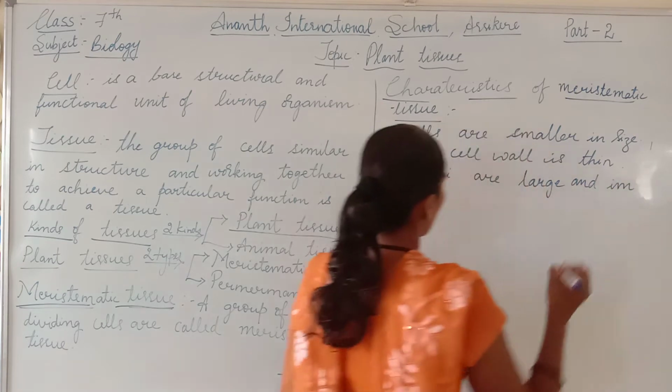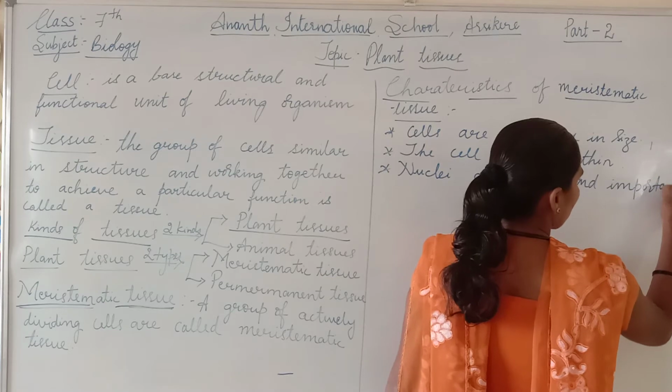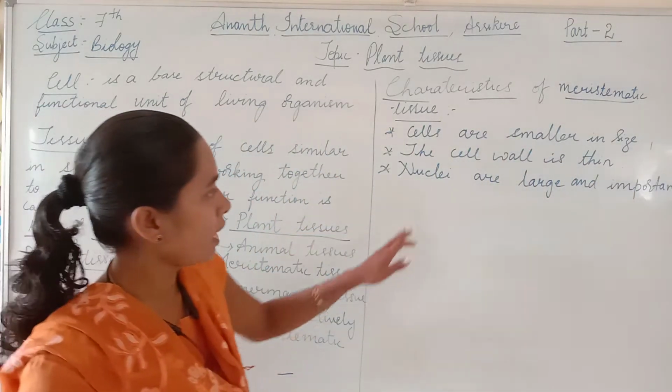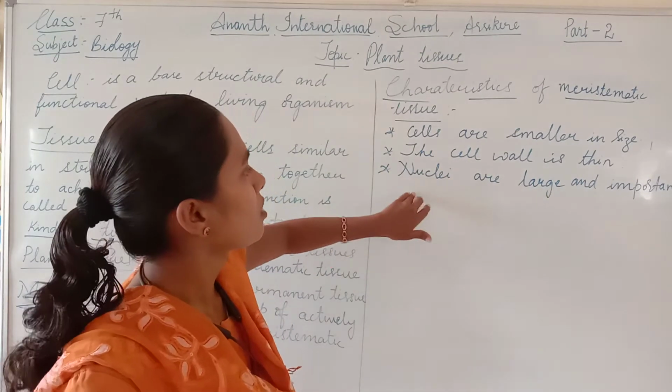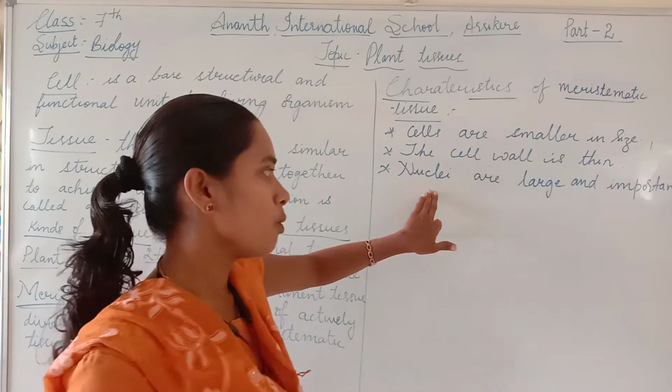So what is the role of nuclei in the meristematic tissue? The key role of the nucleus in the cell is that it helps the cells to divide. Means the division of cells takes place with the help of this nucleus.